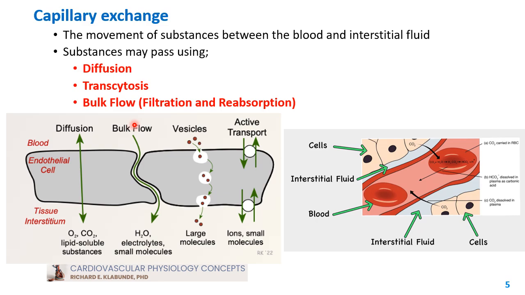Those are not going to go inside the cell at all. It just squeezes between cells, okay? Bulk flow, simple. That is very important when you're going to have, for example in the kidneys, filtration of the blood and then subsequent reabsorption. So this type of movement is important for those areas, okay?